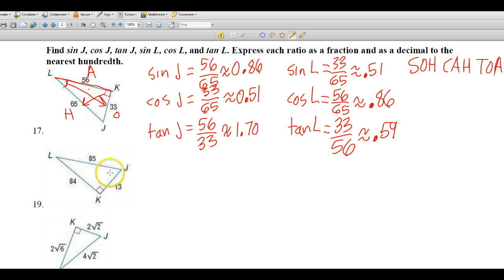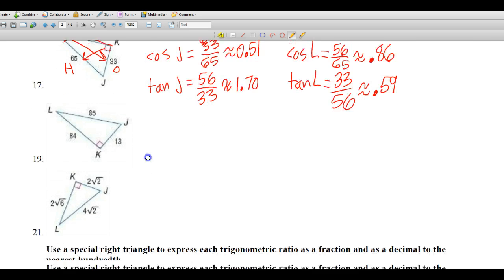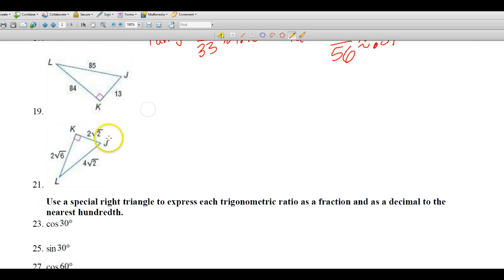For number 19, we're doing the same thing. So we're taking the sine, cosine, and tangent of J and of L. So I'll skip that one. Let's do one with radicals in it.